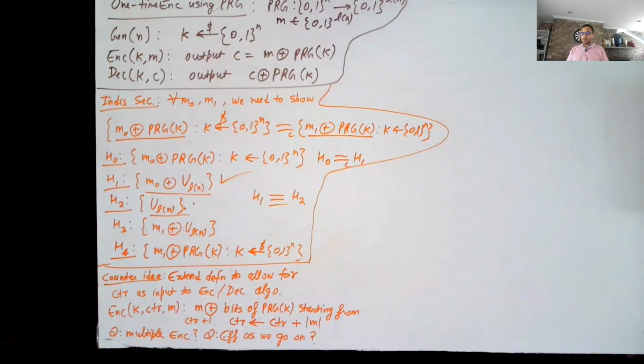So as you encrypt more and more, as your system gets older and older, it becomes more and more inefficient, because you need to continue evaluating the PRG and continue stretching the output until you get to a place which you have not used before. So this is a simple idea, but we would like to do better.